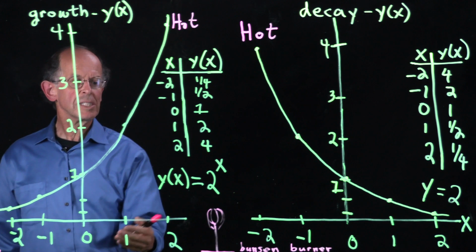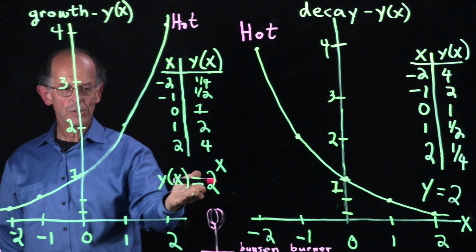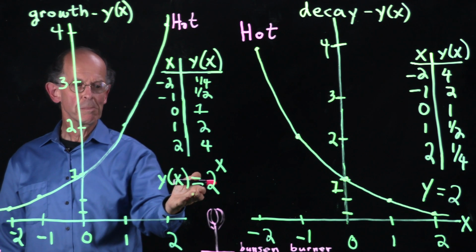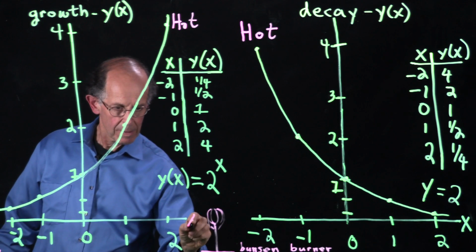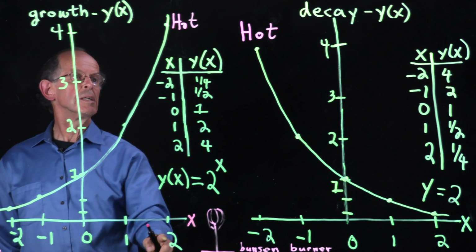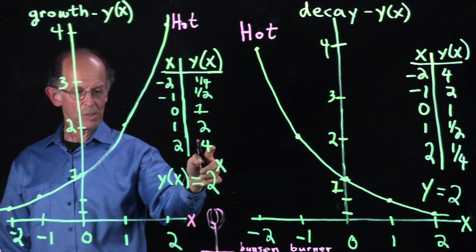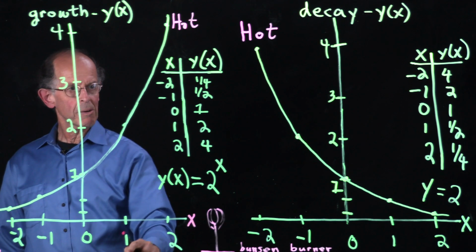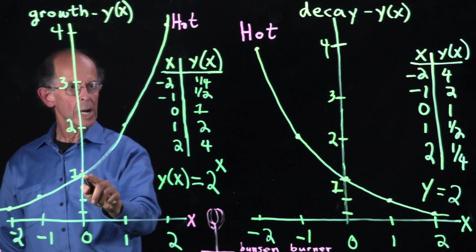So let's actually go through this numerical model of how the heat changes as we move far away from the Bunsen burner. When x is equal to 2, then we have 2 squared. 2 to the power 2 is 4. Then 2 to the power 1 is 2. 2 to the power 0 is 1.